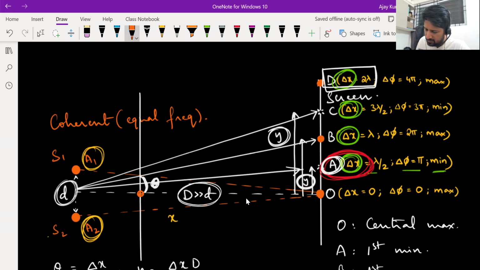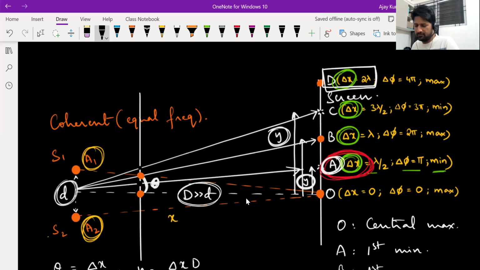You will see a maximum here, then a minimum here, then again a maximum, and then minimum. The pattern of bright and dark bands will form very closely, and you will not be able to observe the clear difference between each band. Not overlapping, they don't actually overlap, but bands will be very narrow. You won't be able to observe the pattern clearly.